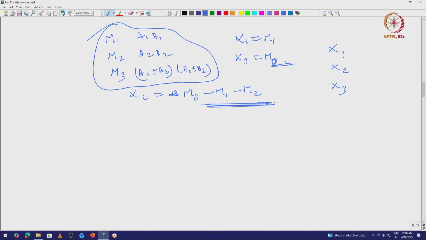Therefore, I am going to have the complexity something like T of n is equal to 3 times T of n by 2 plus n, order n. And we have seen that this has a complexity order n power 1.56.